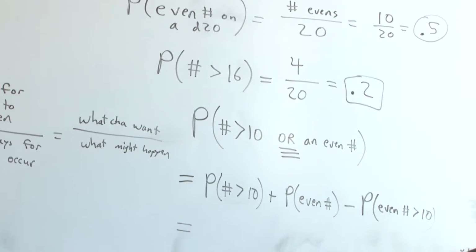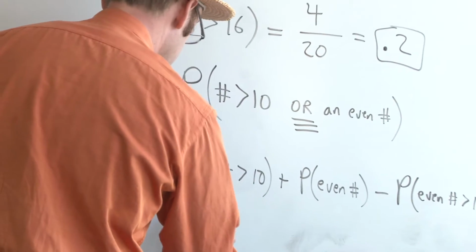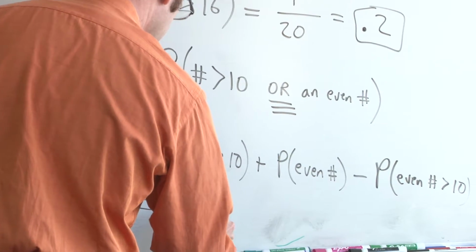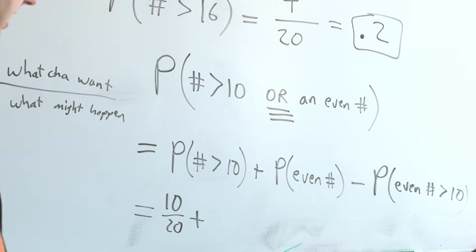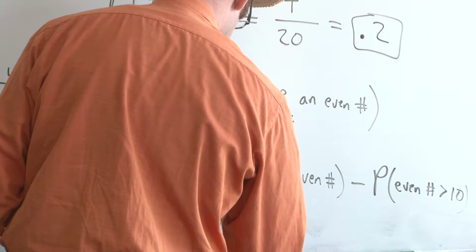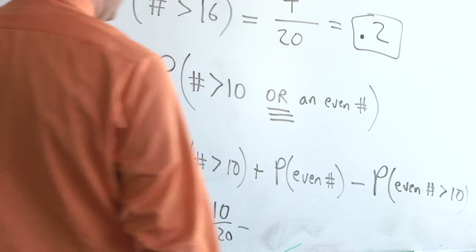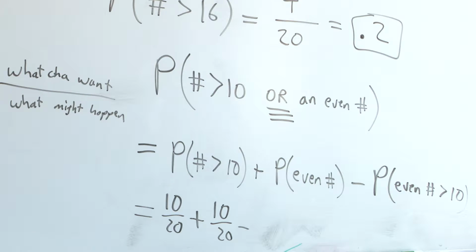So the probability of getting a number greater than 10 is 10 out of 20. The probability of getting an even number is 10 out of 20. And the number of even numbers greater than 10, there's 5 of them: 12, 14, 16, 18, 20.